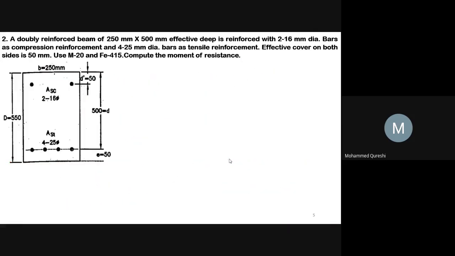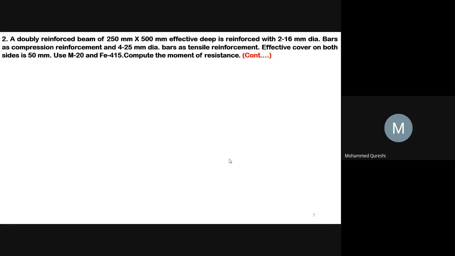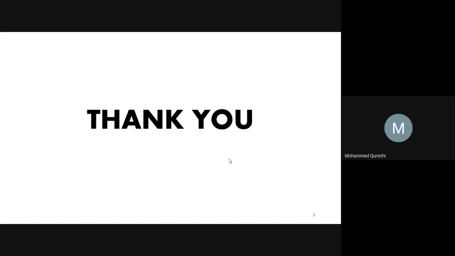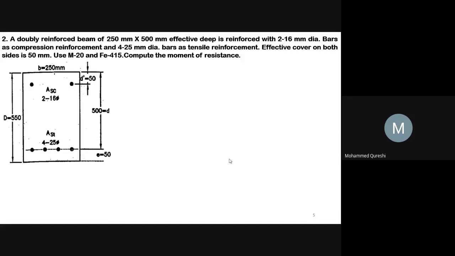Now we will go for another example, that is example number 2. In example number 2, it is given that a doubly reinforced beam of 250 mm into 500 mm effective depth.